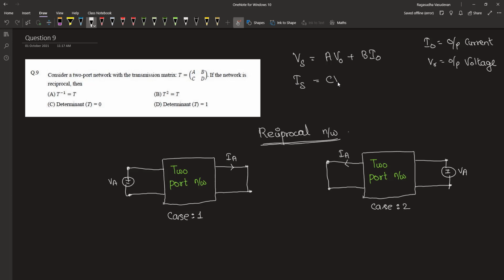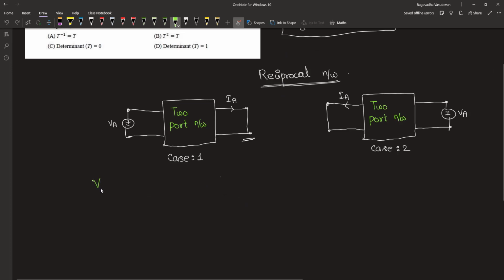This is equal to C times V0 plus D times I0. According to case 1, we have short circuited the output port. In the first case, V0 is equal to 0 volt and I0 is equal to IA, and we are applying a voltage of VA at the input.